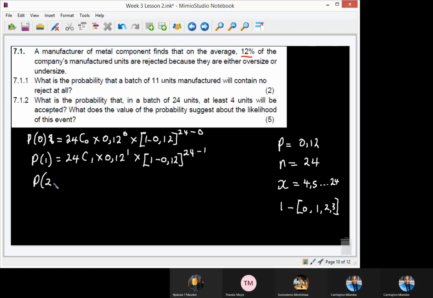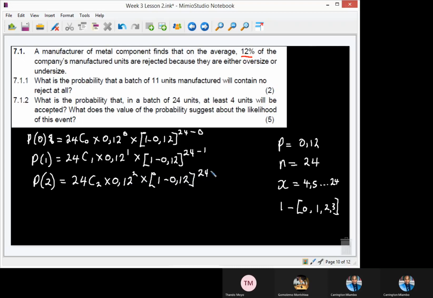Then you do that for 2: 24C2 times 0.12 to the power 2 times (1 minus 0.12) to the power 24 minus 2. Then you do the same for 3: 24C3 times 0.12 to the power 3 times (1 minus 0.12) to the power 24 minus 3.